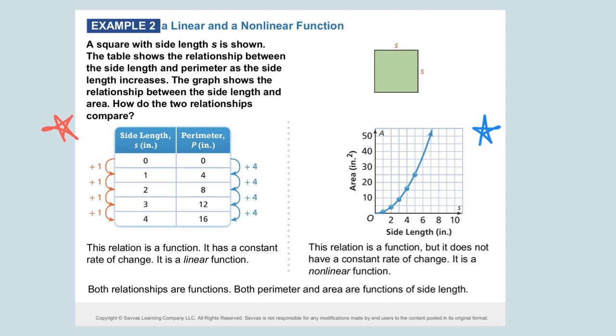All right, so on the table, this relation is a function. It has a constant rate of change. So remember, we used to go this way, divide, divide, divide, divide, to see what our slope was. But today I told you that we can also go this way. Change in y over change in x.